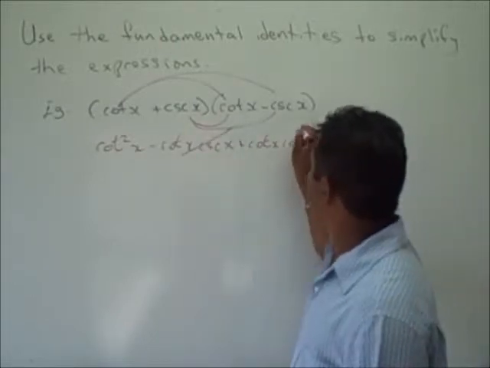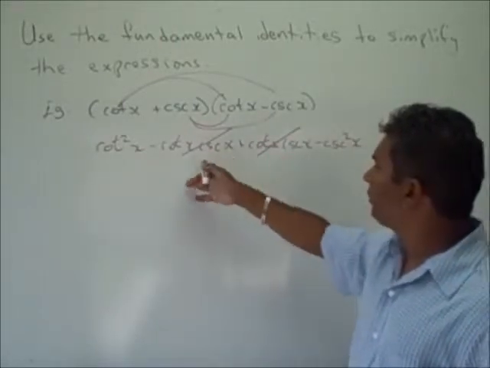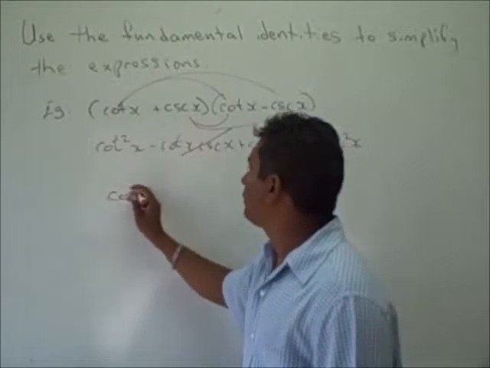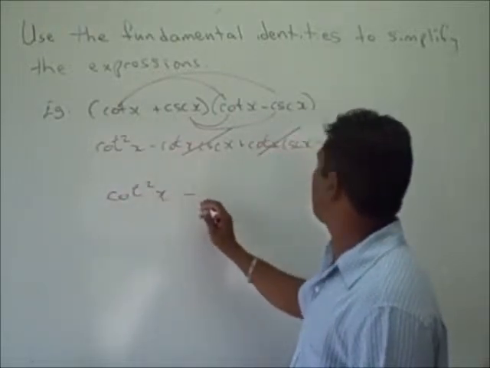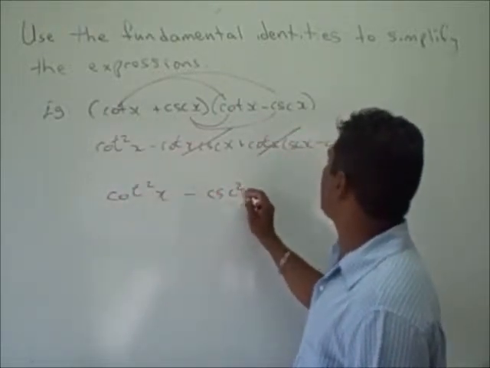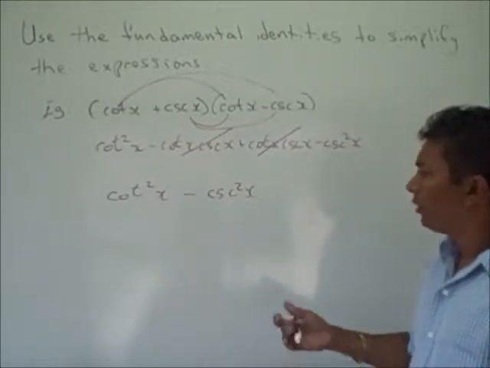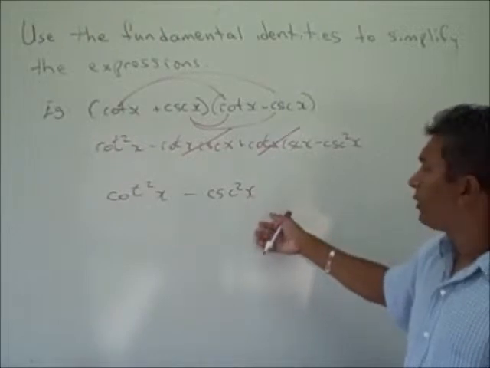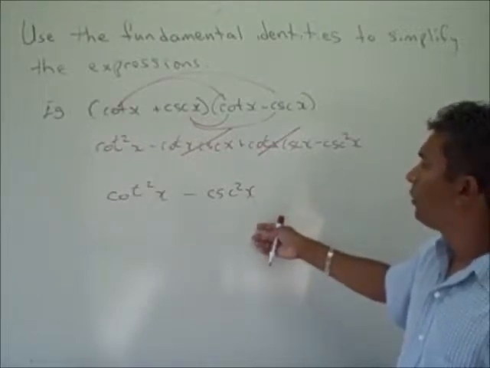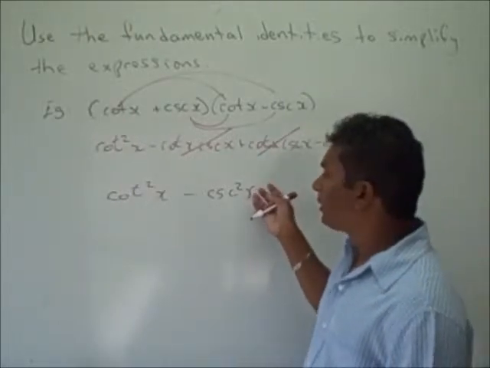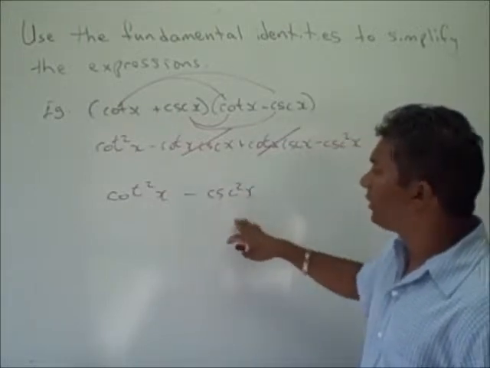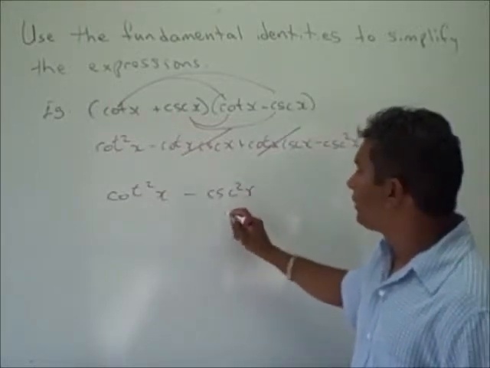These two terms here will cancel since they're identical but opposite signs. So we're left with cotan squared x minus cosecant squared x. We know another of our Pythagorean identities is that cotan squared x plus 1 is equal to cosecant squared x. So we can replace all of this.